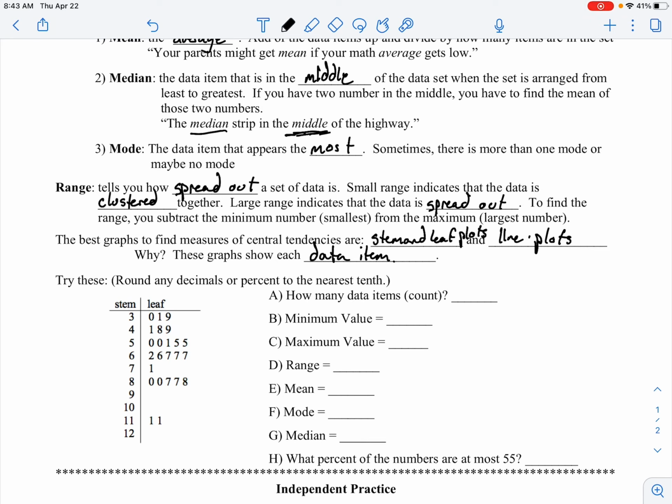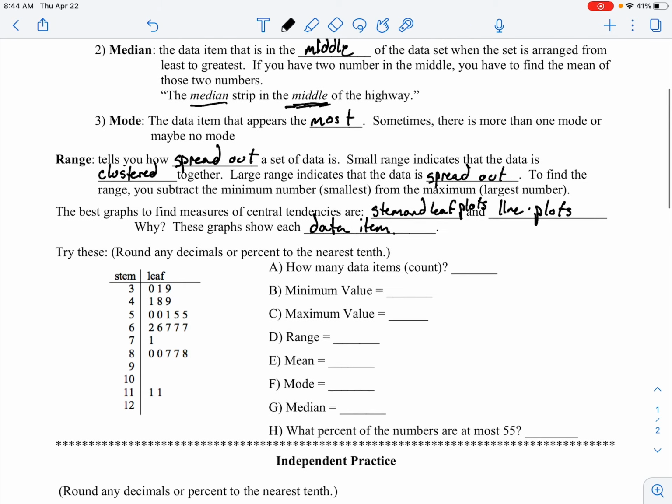With histograms, we had intervals, right? Even if our bar went up to 7 in, let's say, a 5 to 12 range, we had 7 items in there, but we don't know what number each of those is. With stem and leaf plots and line plots, it'll show every piece of data within our set.